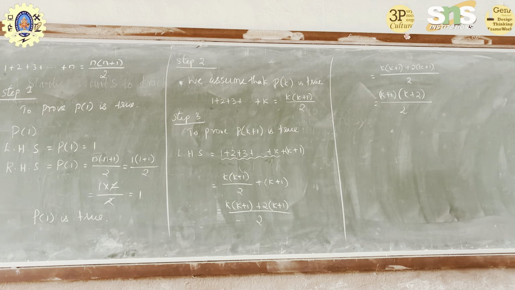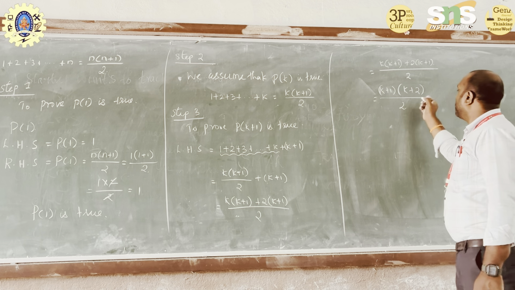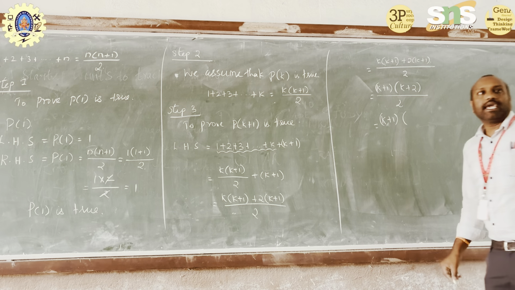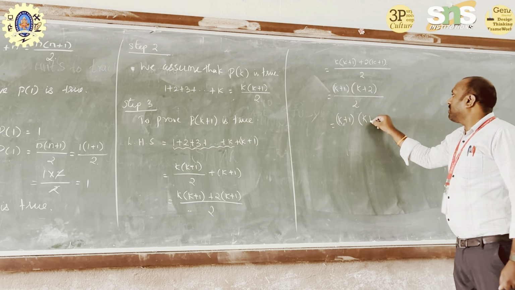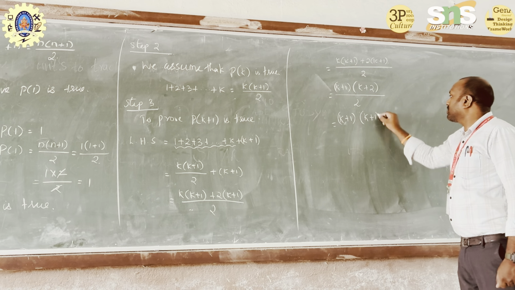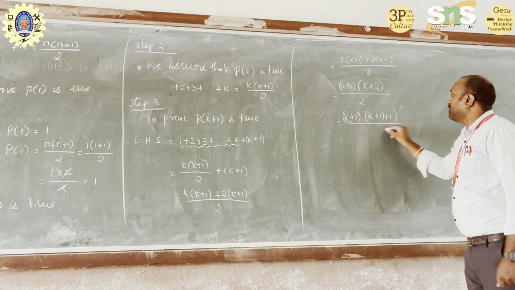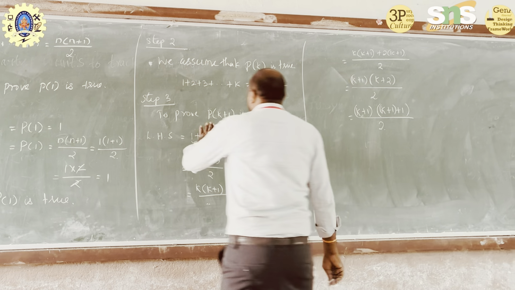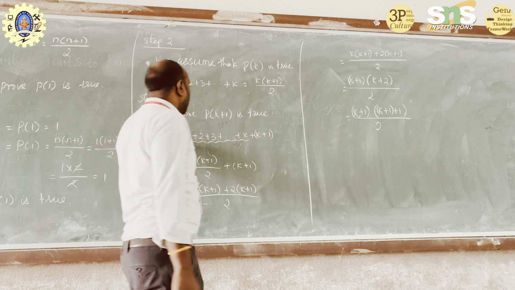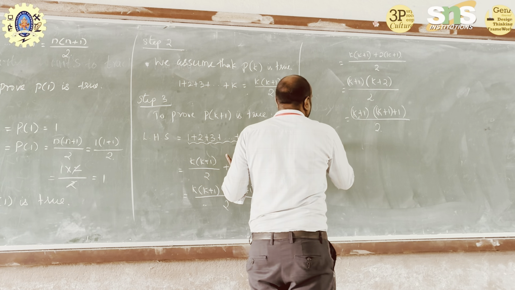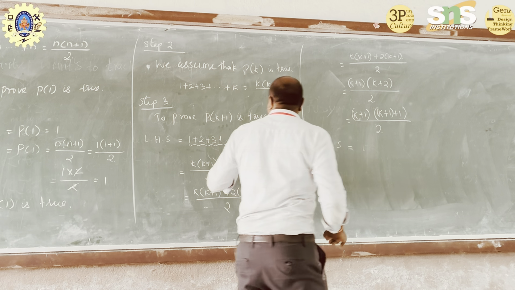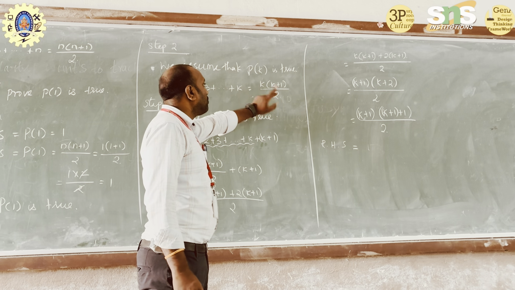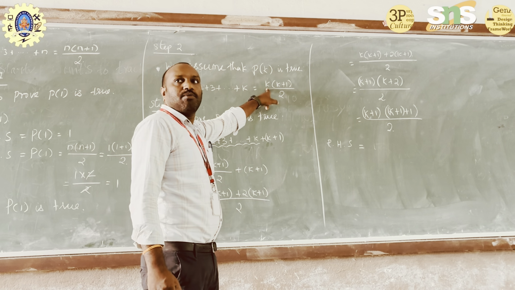So k plus 1, k plus 2, divided by 2. Then we will rewrite it as k plus 1 into k plus 1 plus 1 divided by 2. So let's see P of k plus 1, the real meaning of RHS: whenever we have k, we have to replace it with k plus 1. That is the proof.